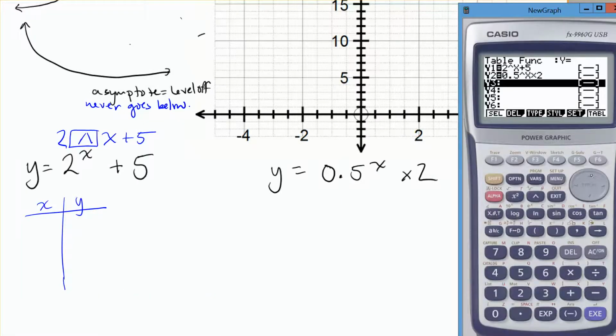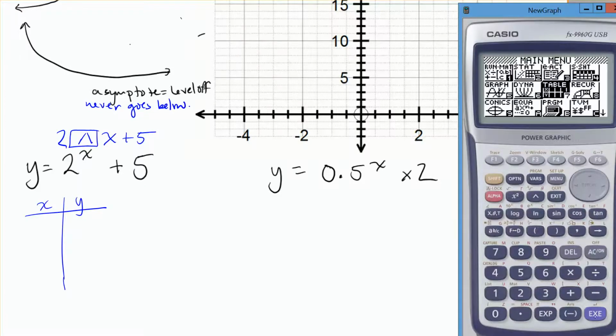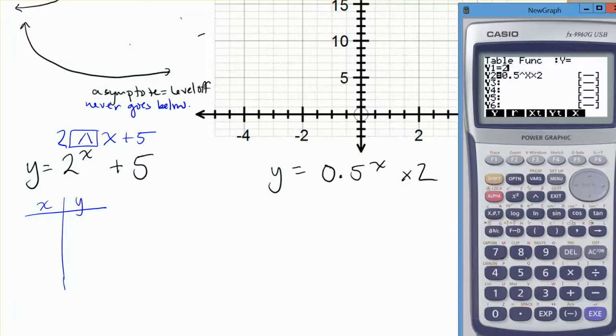So to show you that, I've gone ahead and typed these in, but I'll show you again. So I am in the table function, and my hat button is right next to the exit, that's the power button there, hat, x, remember always use the one under the red button, plus 5. And of course, if you don't have a calculator, you can do these by hand as well.